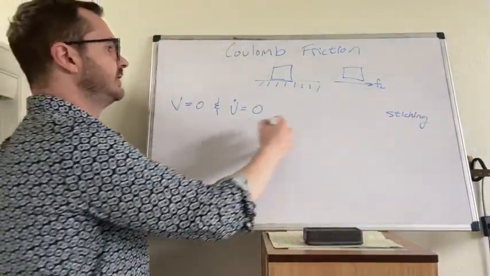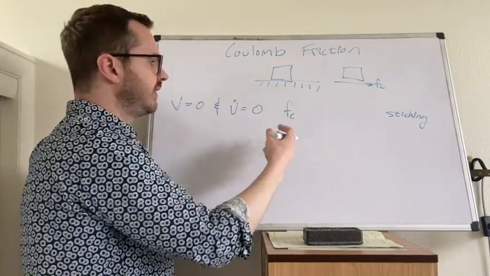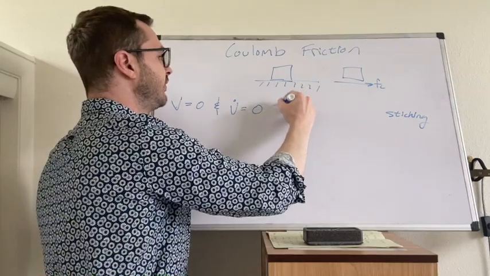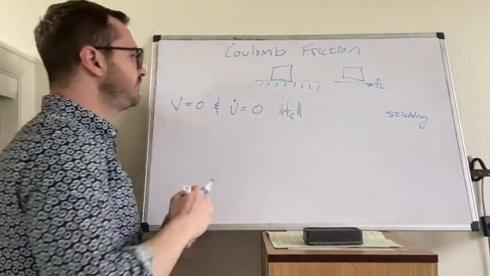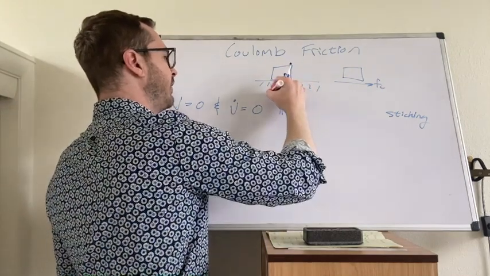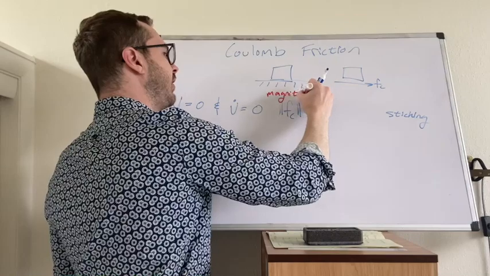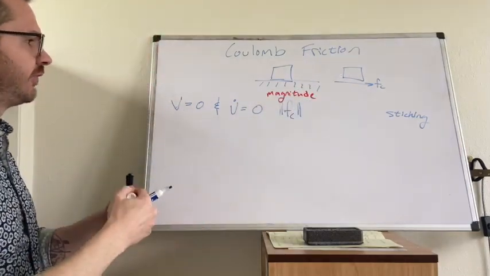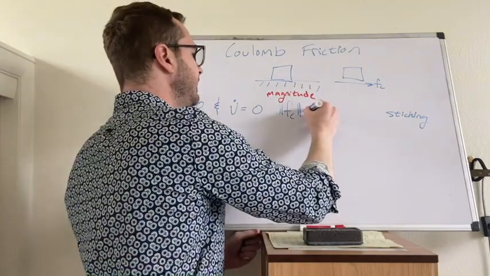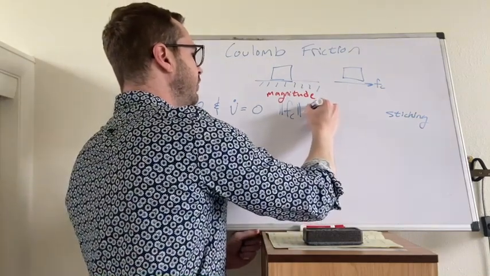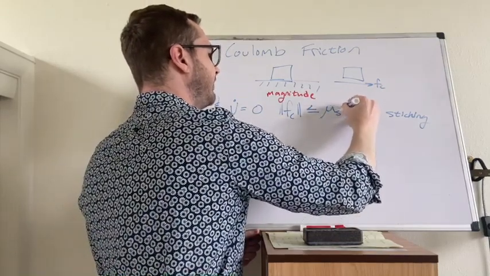In this condition, then our Coulomb friction force, remember the force is actually a vector, so I'm going to put the bars on it. And by putting the bars on it, what I really mean is I'm talking about the magnitude now. The magnitude of the Coulomb force is going to be less than or equal to mu sub s times n.